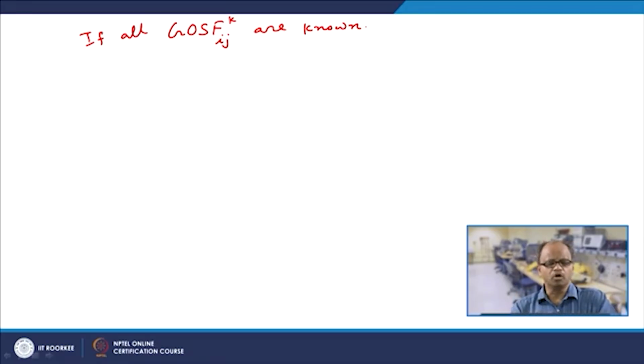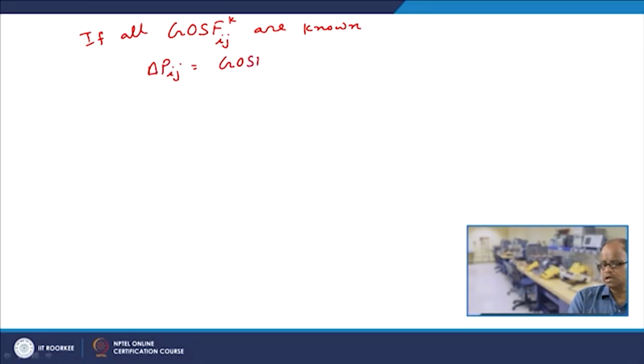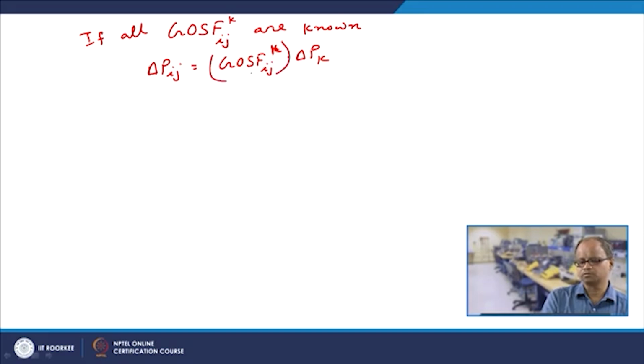If all these GOSF k's are known, then we can simply calculate delta P Ij is equal to GOSF Ijk into delta P k. This multiplied by this is already known, as we have just calculated. So this is immediately known.